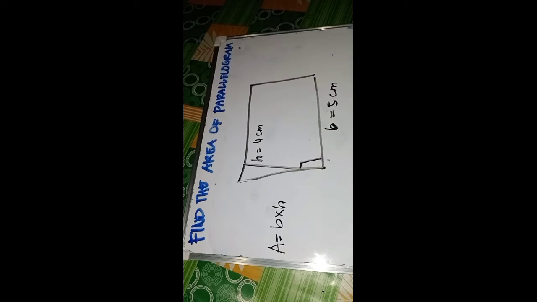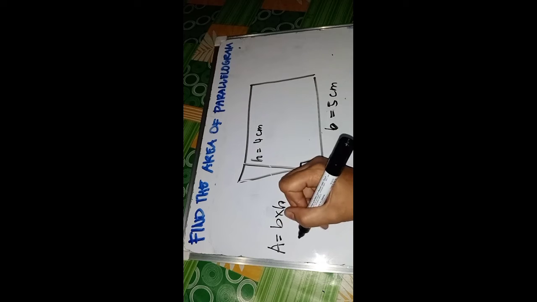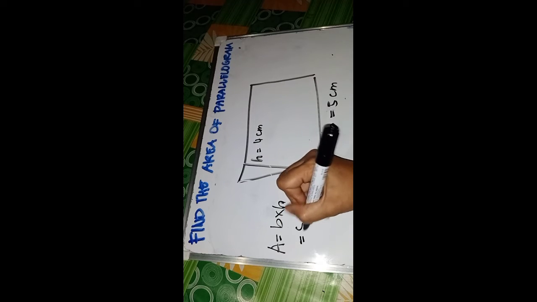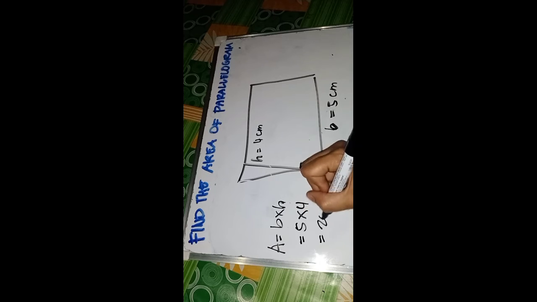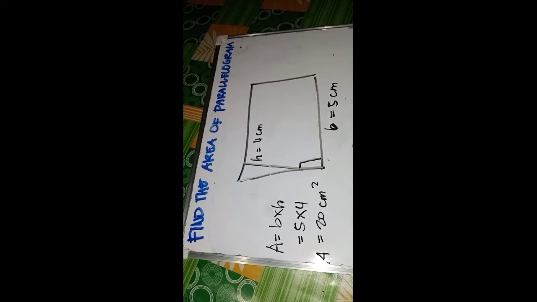Example: if the base of a parallelogram is equal to 5 cm and the height is 4 cm, then find its area. So this is our formula. Our base is 5 cm times 4 equals 20 square cm. That is the area of the parallelogram for this video.